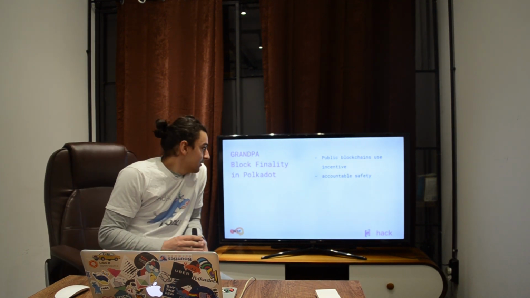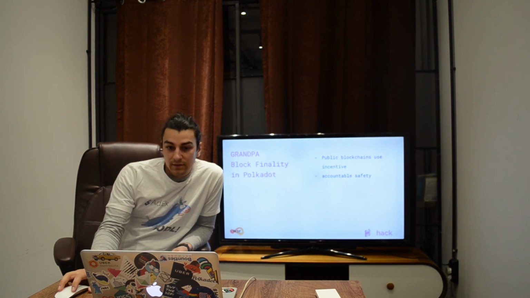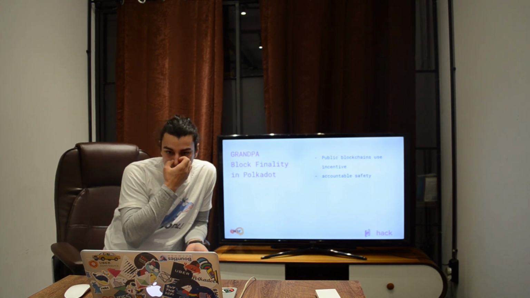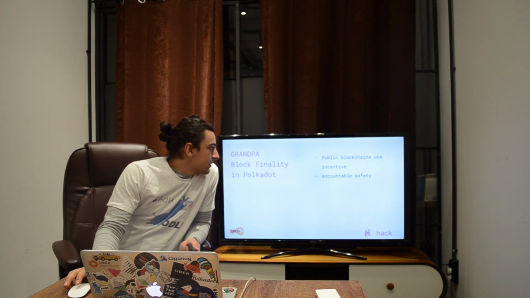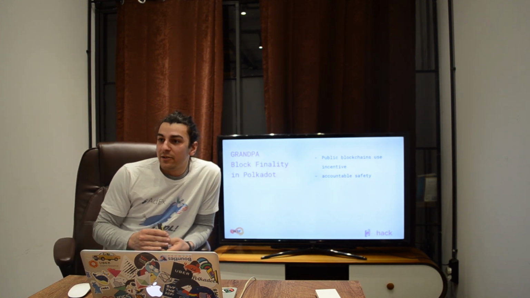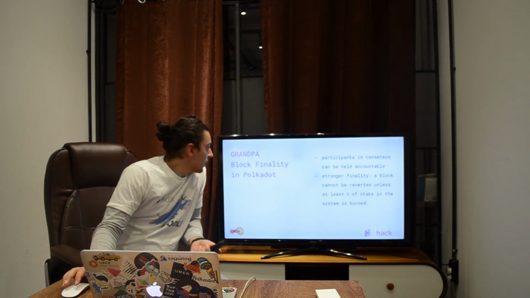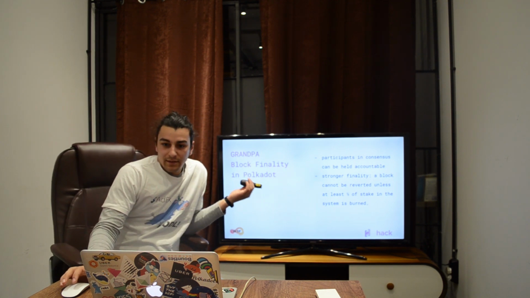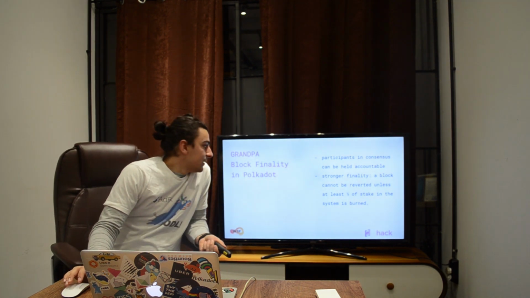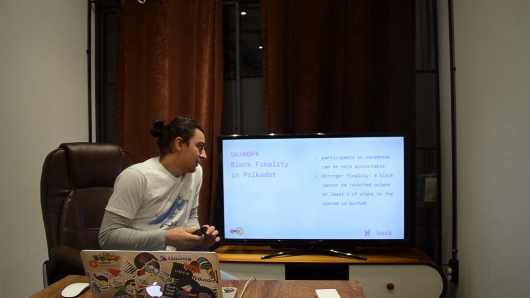Accountable safety means that in order to not break the consensus, everyone that is misbehaving is being punished. So basically they are held accountable, and this is providing a stronger finality.